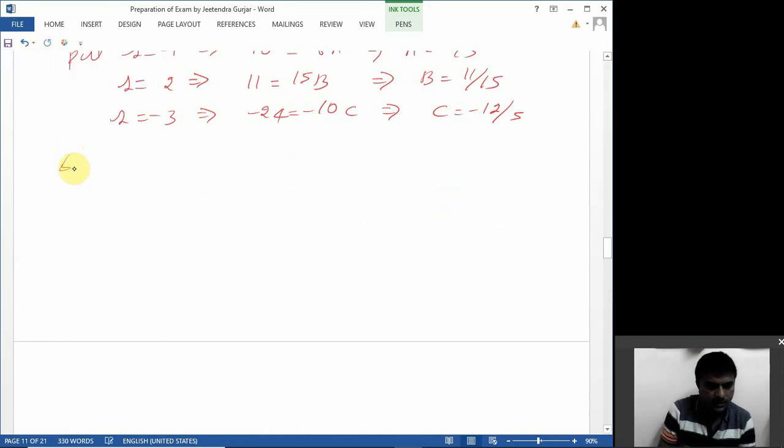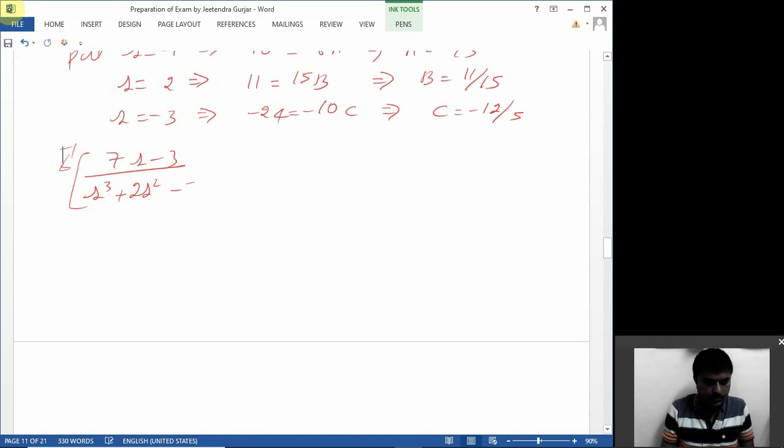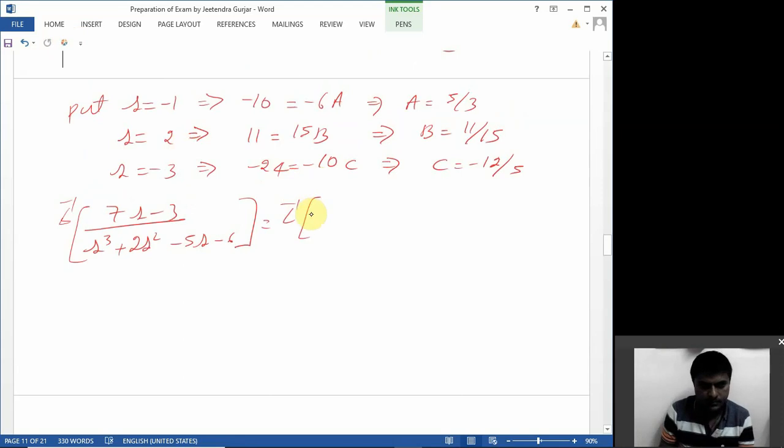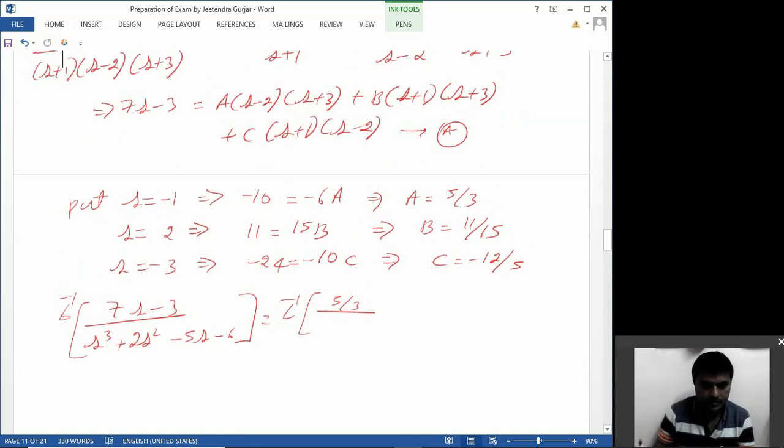See, now this is inverse Laplace transformation of (7s minus 3) divided by (s cube plus 2s square minus 5s minus 6) is equal to, yes friends, the inverse Laplace transformation of, substitute the values, you will get a as 5 divided by 3 divided by (s plus 1), plus b is 11 divided by 15 times 1 divided by (s minus 2), plus c is minus 12 divided by 5 times 1 divided by (s plus 3).